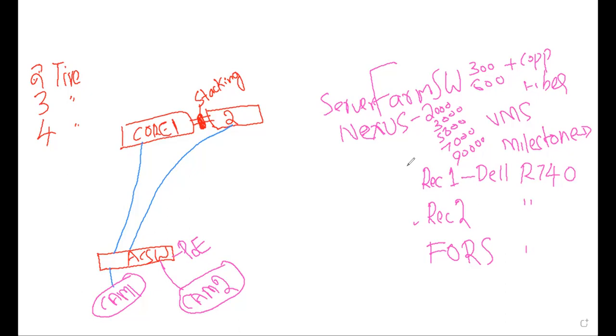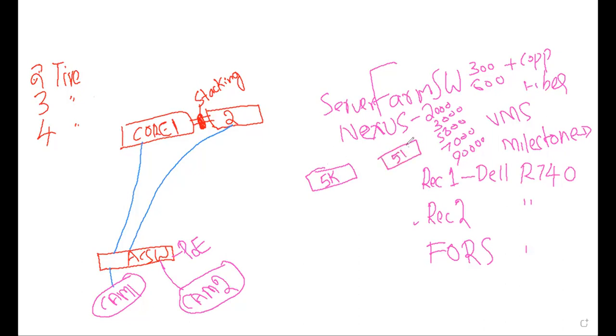Hope you are getting my points. So Nexus is nothing but a series of switches which can be implemented only for connecting servers. So I'm introducing Nexus switch as an example. Let's say 5K. 5K is obsolete now, no more 5K, so it has moved to 7K. But as an example, I'm going to use 5K.